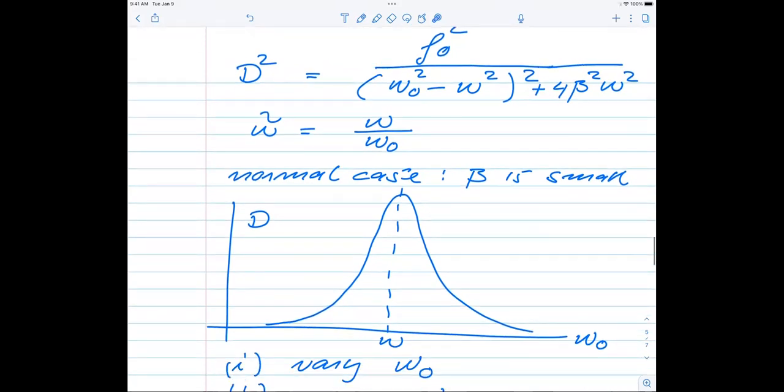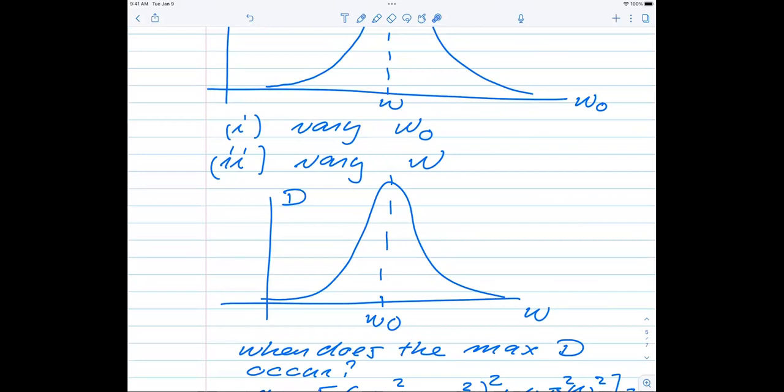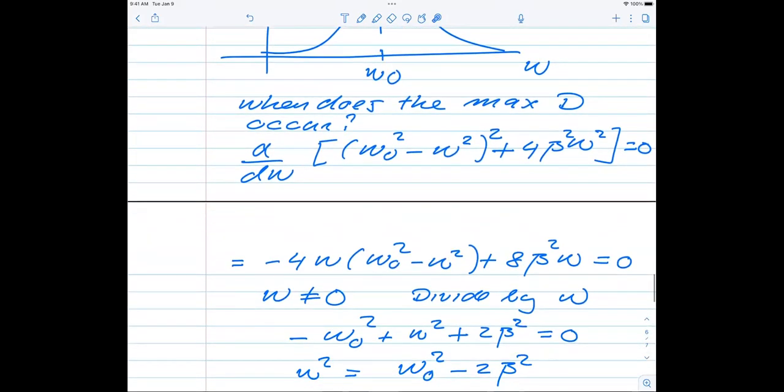So for omega close to omega 0, the resonance for this D value will peak, and we have a maximum value.